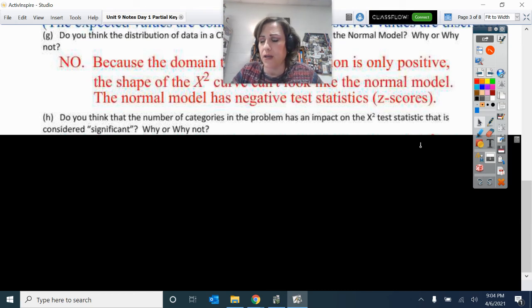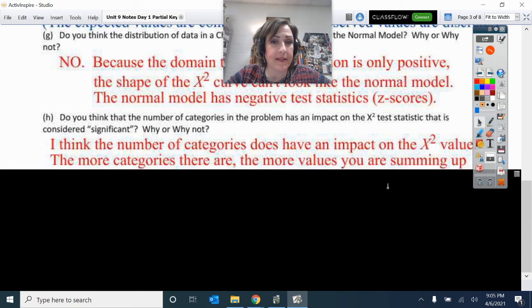The bottle cap people who only had 4 colors to match up are probably going to have smaller chi-squareds than us, who have 6 discrepancies to deal with. So yes, I think the number of categories is going to have an impact on what's considered significant. What's way far out for the bottle caps may not be way far out for our M&Ms. Something to think about.